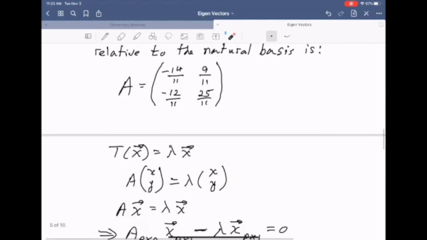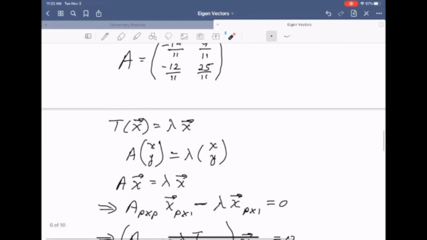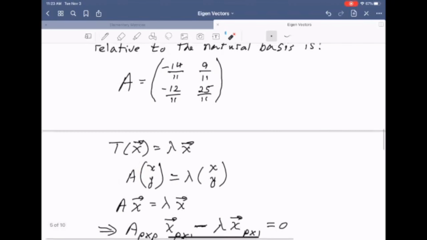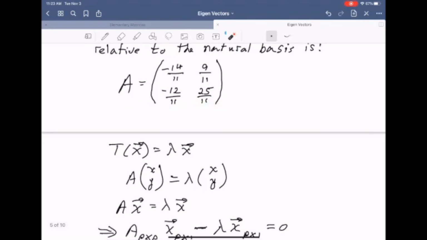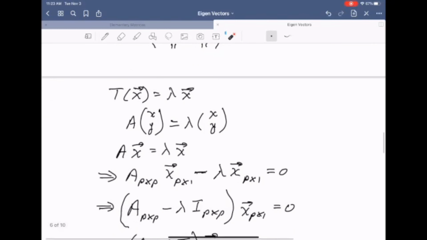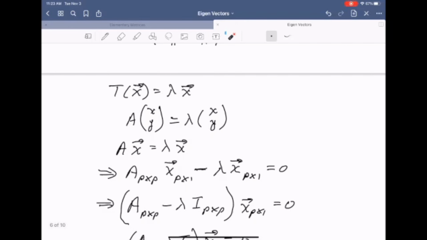All right, so we do a transformation, lambda x, and we have our original A matrix, which is given above here. We're going to multiply it by a vector along the x and y directions, and that's equal to lambda times xy. So in other words, this is what we are looking to do.